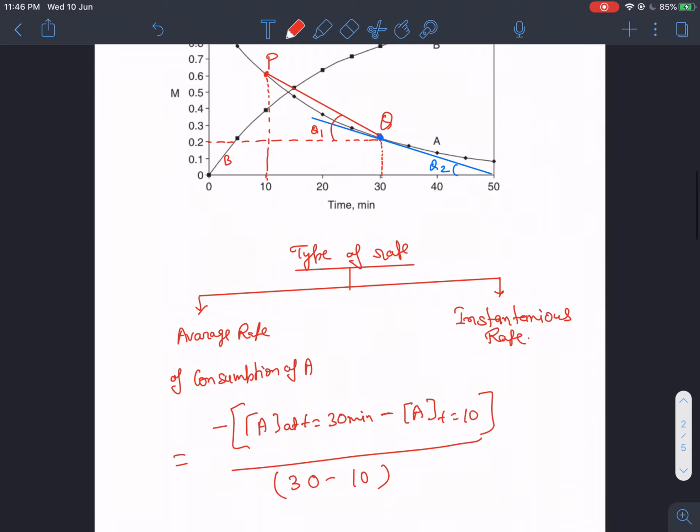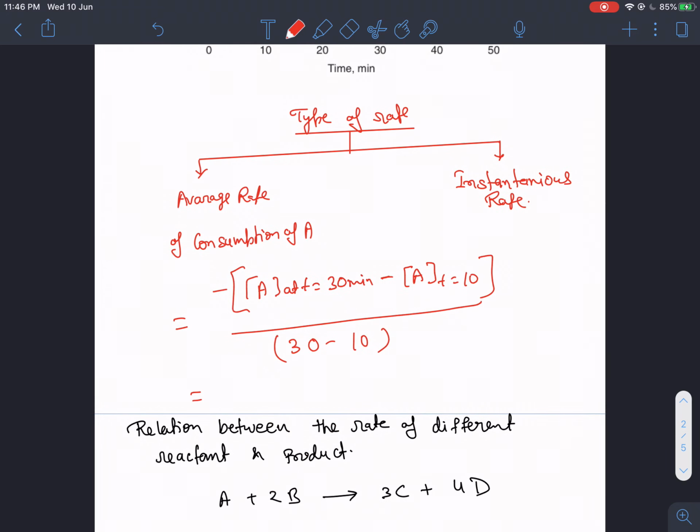So what I did basically, guys, is simply the change of concentration of A divided by the total time taken.